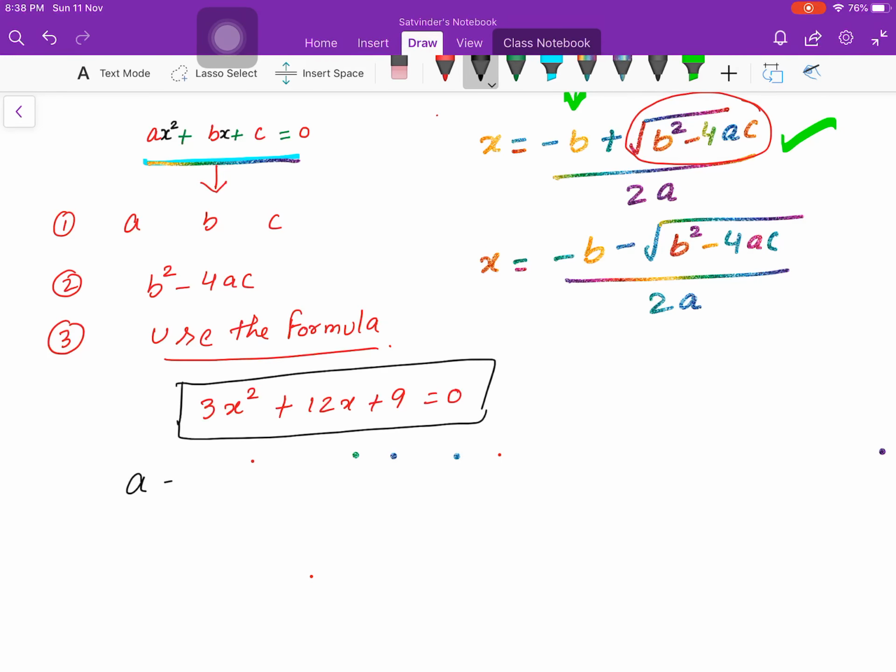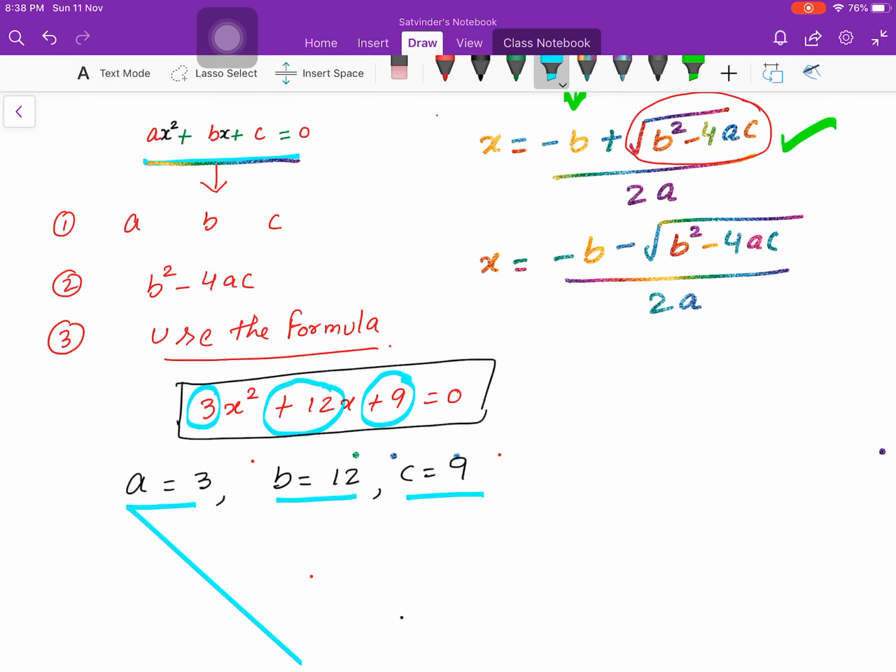So a is 3, b is 12, c is 9. Make sure you take the signs in front of these numbers. If they are positive, we don't need to write them, but if they are negative, please consider them. So this was my a, this was my b, positive 12, and this is my c.